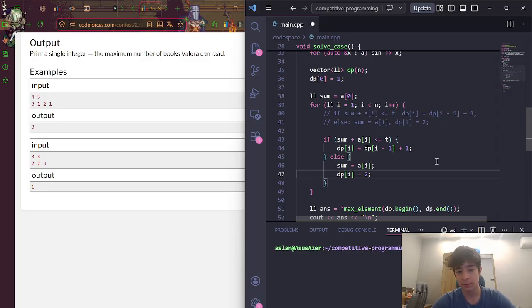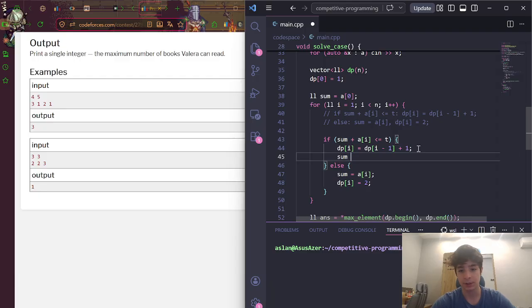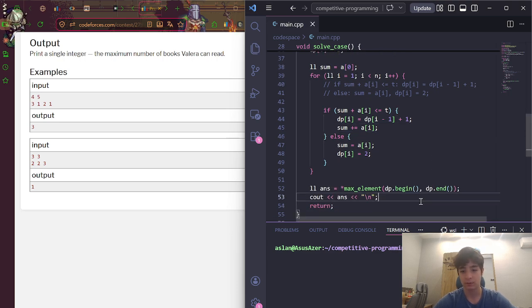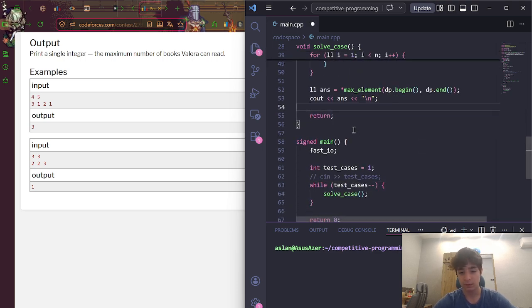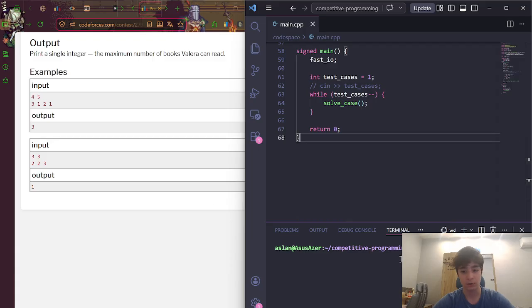And now the problem right there is that I don't update sum, do plus AE. Yeah, I think it's pretty good. I hope it's going to work. I want to solve this task.